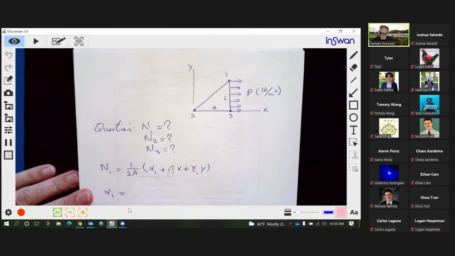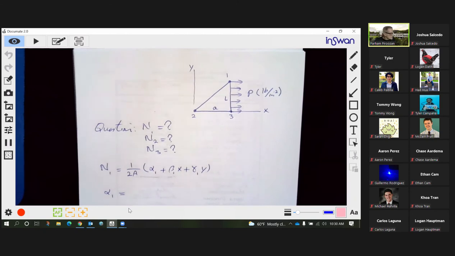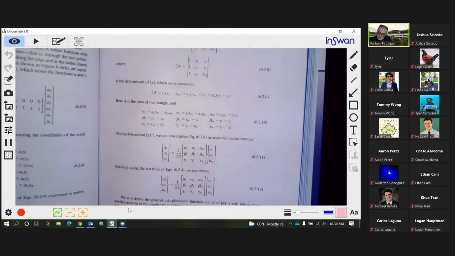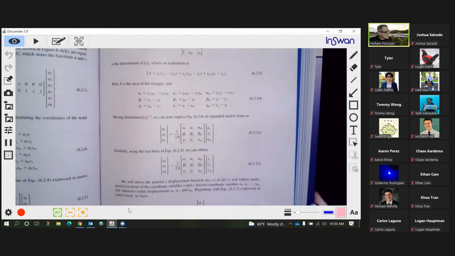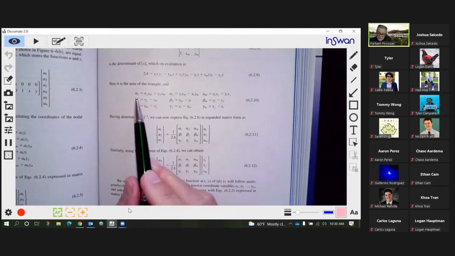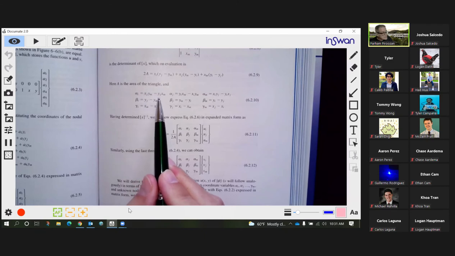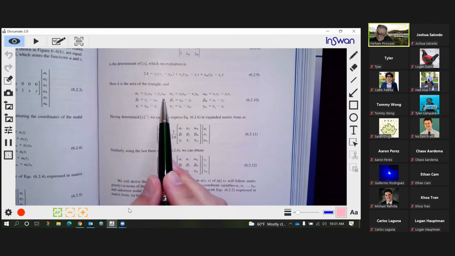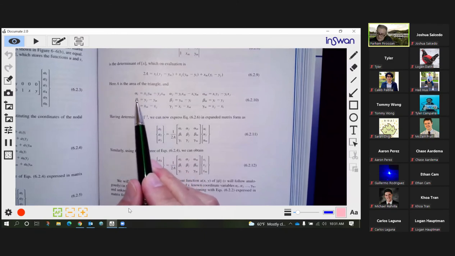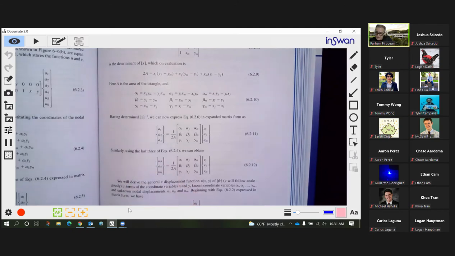What was the formula for alpha 1? Since I'm showing the camera, let me look at the book for alphas and betas. In our textbook, alpha i is xj ym minus yj xm. This is alpha, this is beta, and this is gamma. So let me write this one.